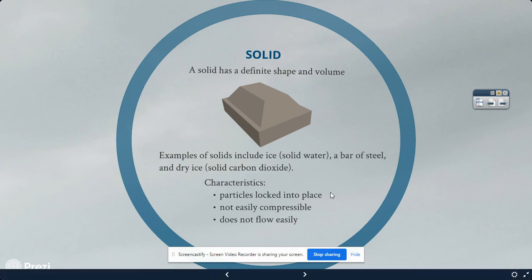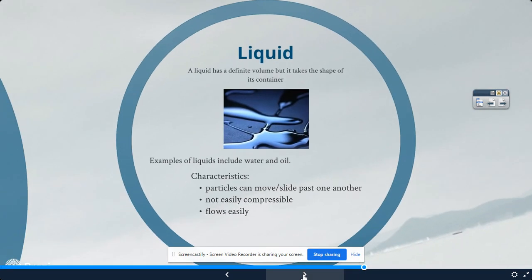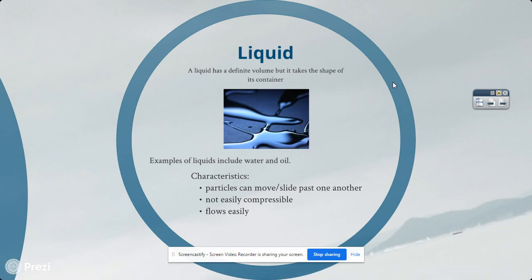So characteristics, the particles are locked into place. It's not easily compressed and it does not flow easily. It has definite shape. Liquids have a definite volume. So we can measure liquids, but they will always take the shape of the container. So we can measure liquids in cups, and pints and quarts, and milliliters.